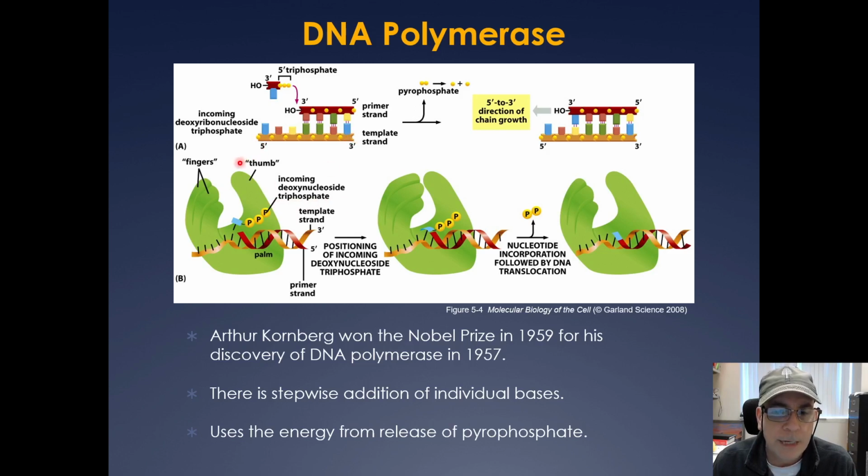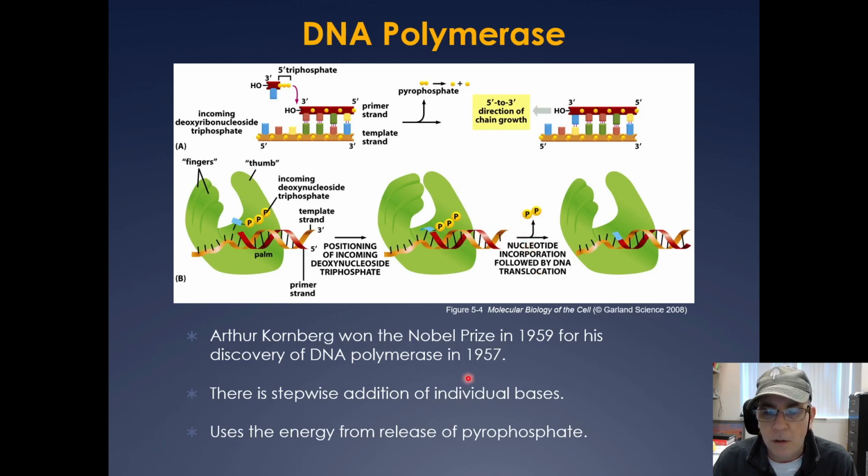Okay, so here's just a little schematic of it where you basically have the enzyme, which you can think of as a hand here, and the incoming nucleoside triphosphate comes in. There's a repositioning event and a little conformational change, and then the phosphodiester bond is formed and pyrophosphate is released.